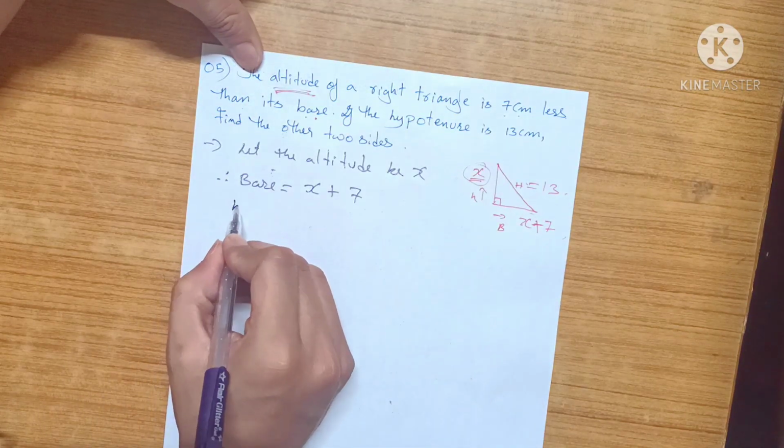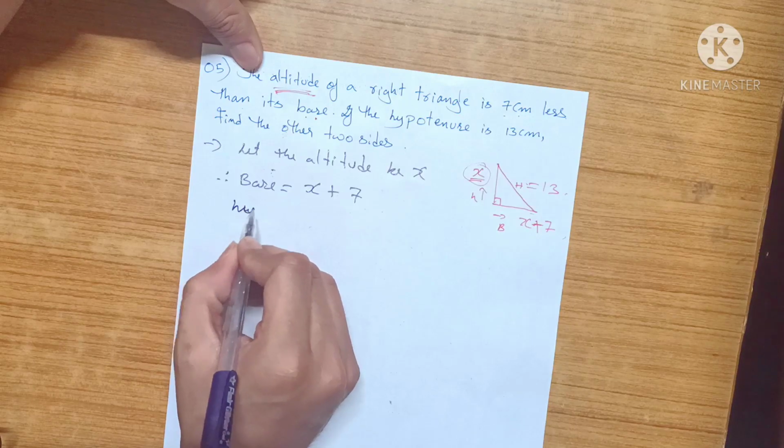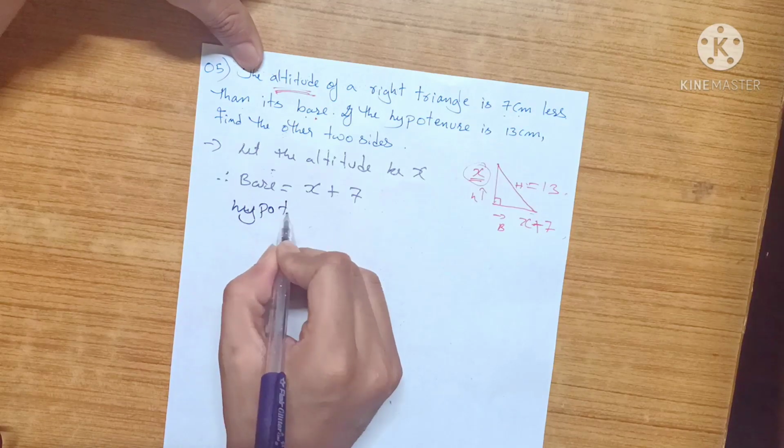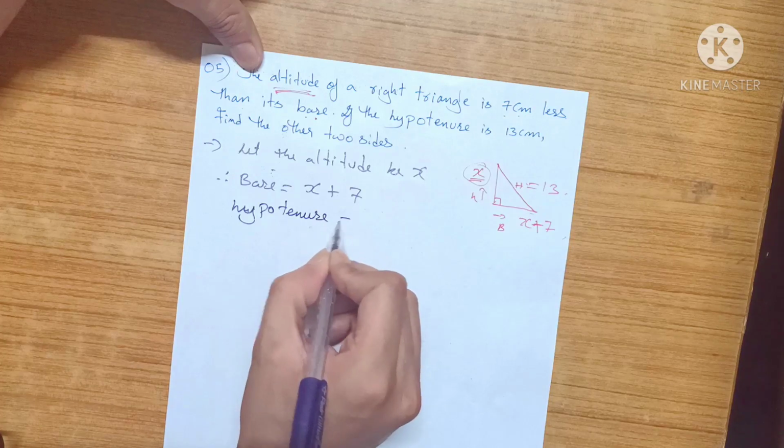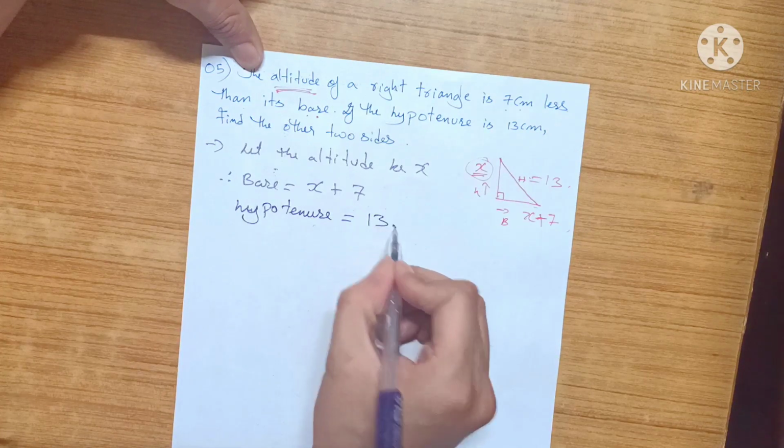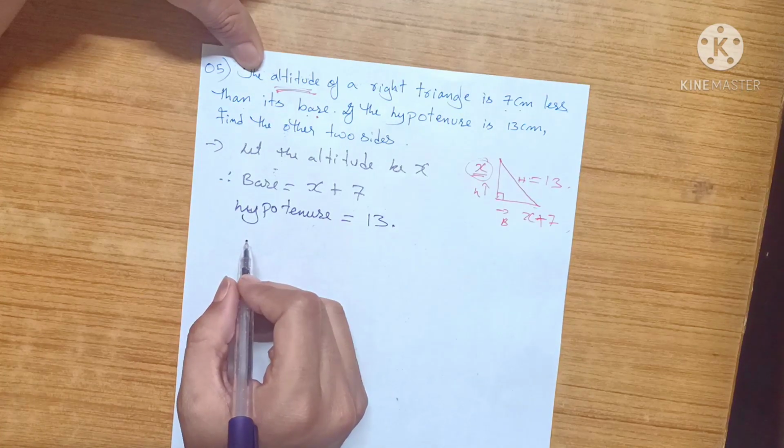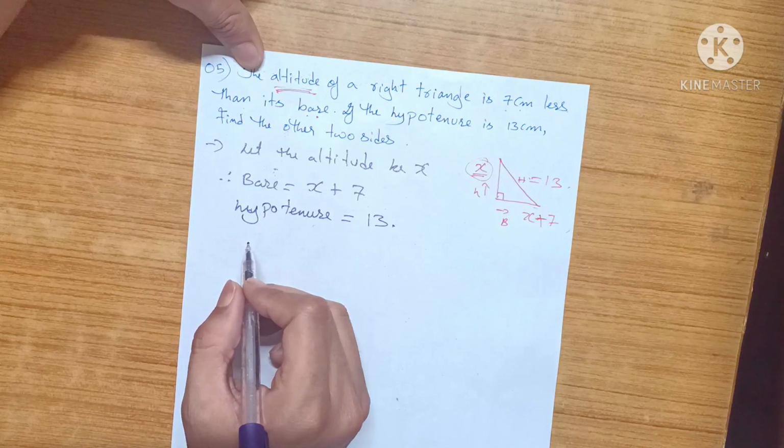Now the hypotenuse is given as 13. So should we take the triangle?